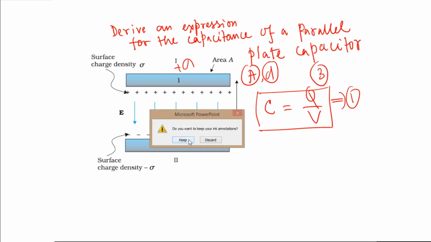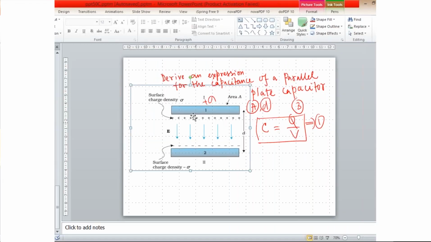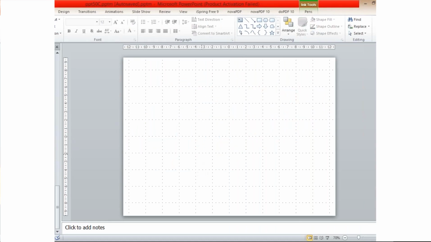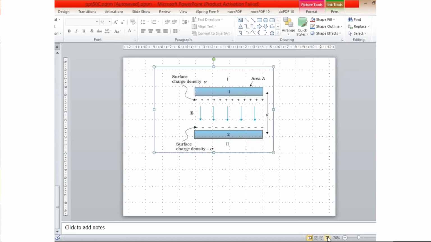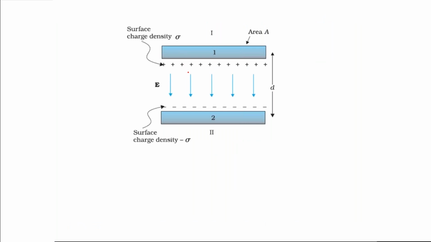So I will go to the next slide. I think I will copy this figure to the next slide. So my aim is to find out V.